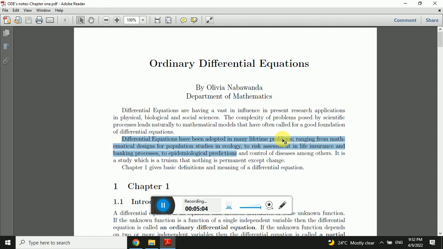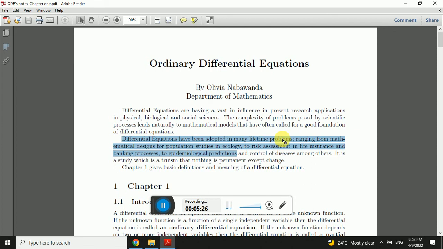For example, the COVID situation in 2020, where differential equations had to come in for people to predict the changes, how many cases are going to arise if people don't observe the necessary SOPs and so on.